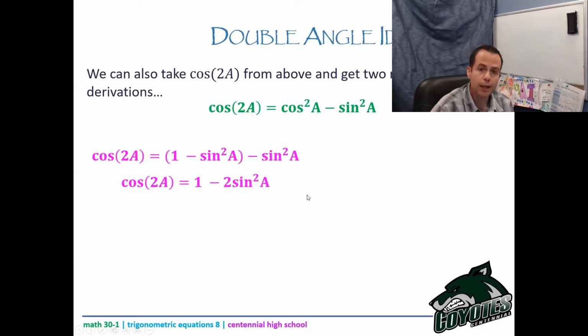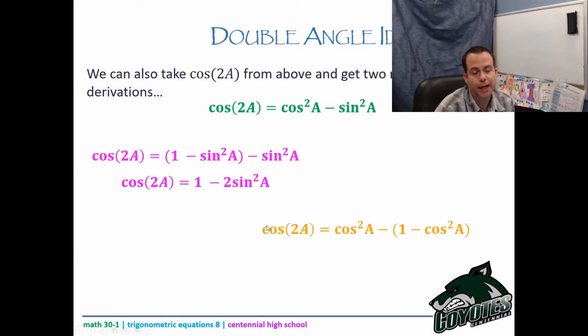Now, likewise, I could go back to my original, which is cos squared A minus sine squared A, and I could replace my sine squared A with 1 minus cos squared A. Now, when you do that one, you have to be a little bit more careful, because anytime you're doing a substitution where it's subtracting, that subtraction sign has to follow through to every term involved in the substitution.